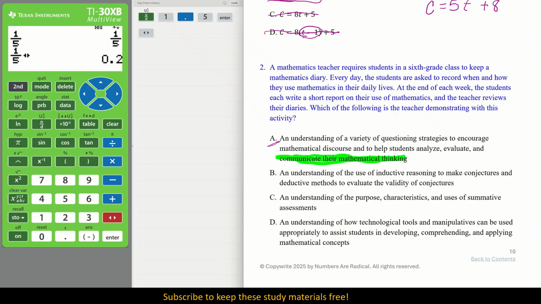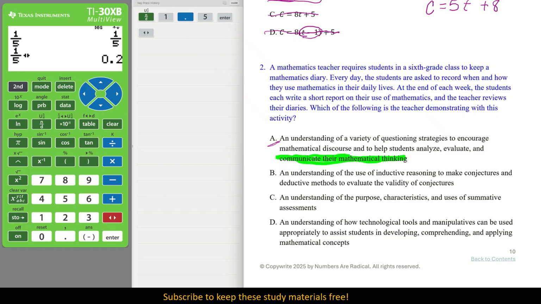Okay. Now let's look at B. An understanding of the use of inductive reasoning to make conjectures and deductive models to evaluate the validity of... oh wow, no. There's no way.